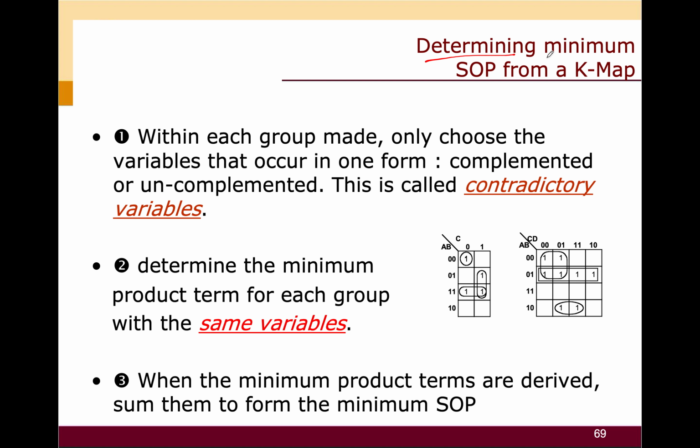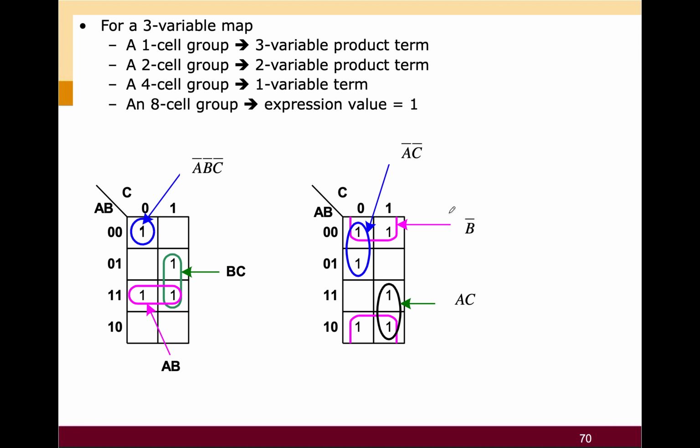Still under determine how to minimize the SOP from the KMAP. So the example on here, this is the example number A. So from here, when you draw it with your circle, you will get 0, 0, 0. It means that A bar, B bar, C bar, correct?